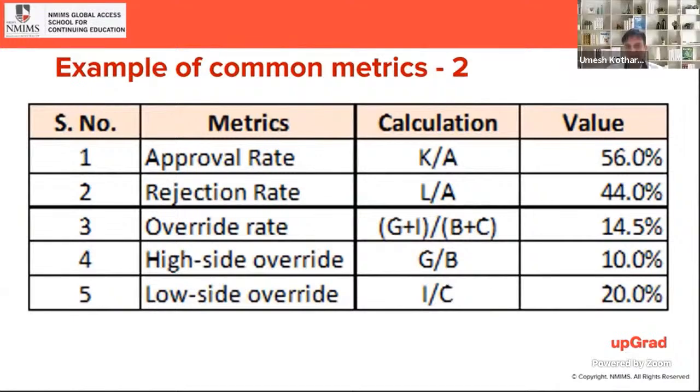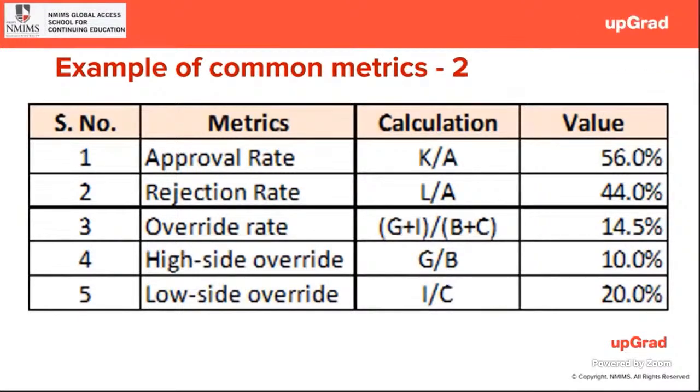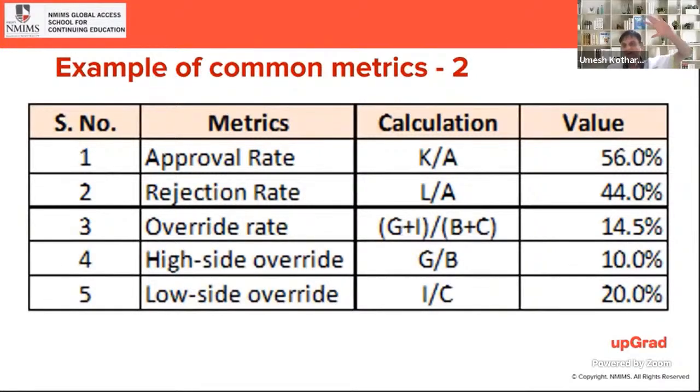Clear? So which one is more critical for the bank? I think it's the low side. That is the interpretation you do. So approval rates, okay, average, I would say. High side override rates, great, wonderful, at 10%, but low side override rates are bad, very, very bad.